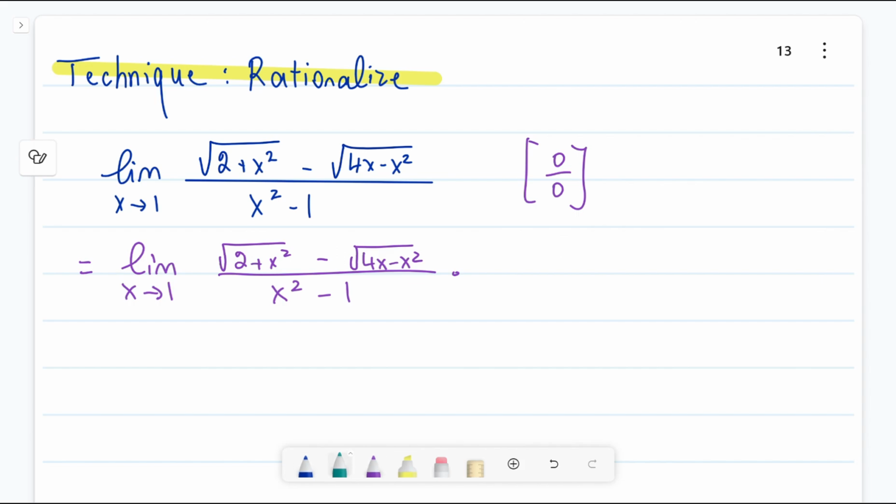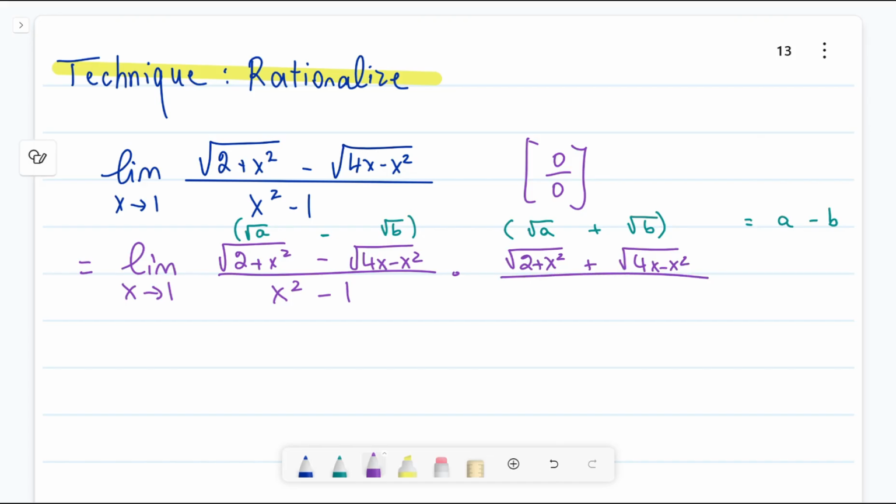You might notice that this is square root of a minus square root of b. If we multiply it by square root of a plus square root of b, this will give us a minus b. Basically, we multiply it by square root of 2 plus x squared plus square root of 4x minus x squared. And again, we always have to multiply the numerator and the denominator by the same factor.